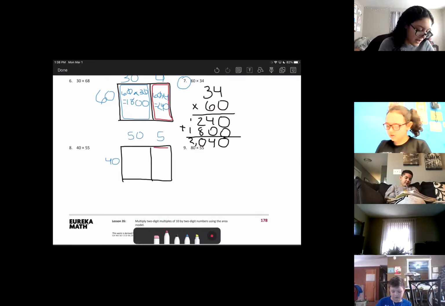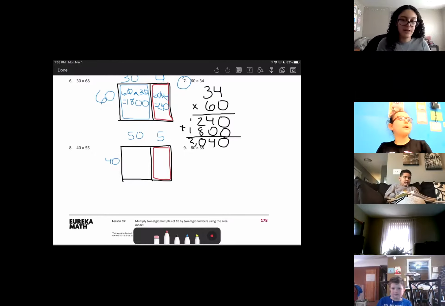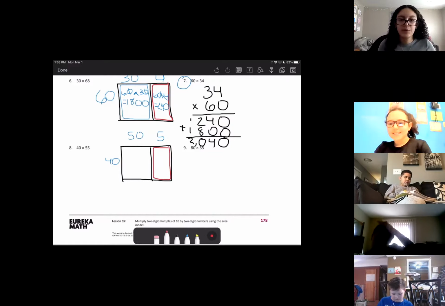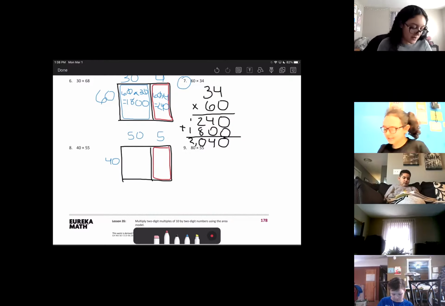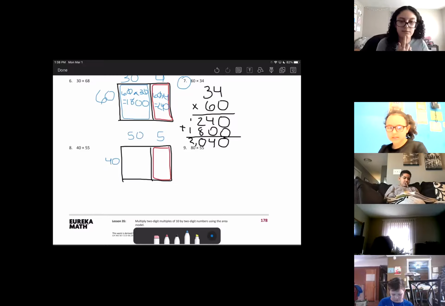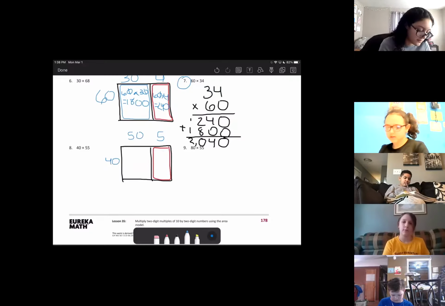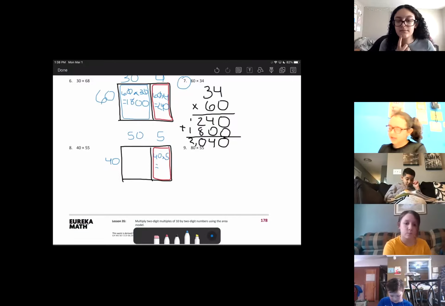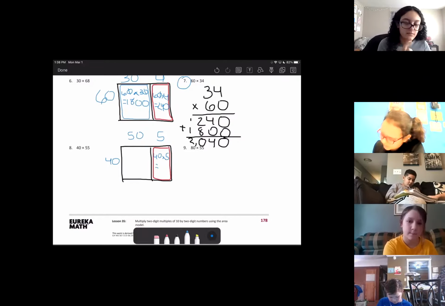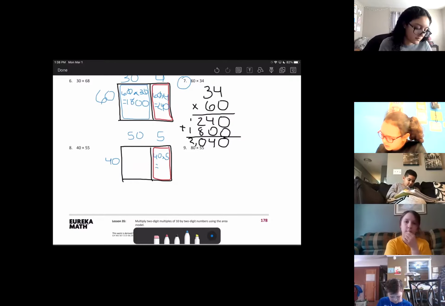All right, so Ava. First, I want to find the area of my red rectangle that I just drew in. So what am I going to multiply to find the area of the red rectangle? 40 times 5. Right, and then what's 40 times 5? 200. 200, right?